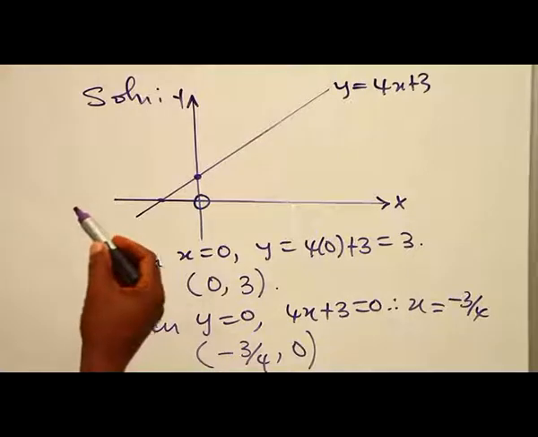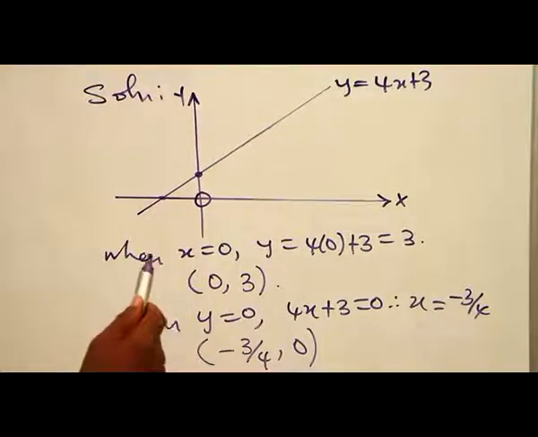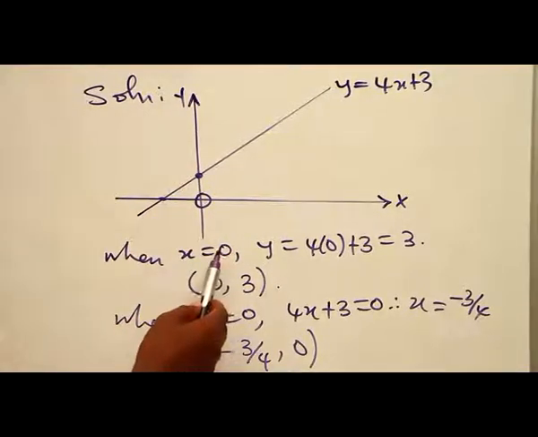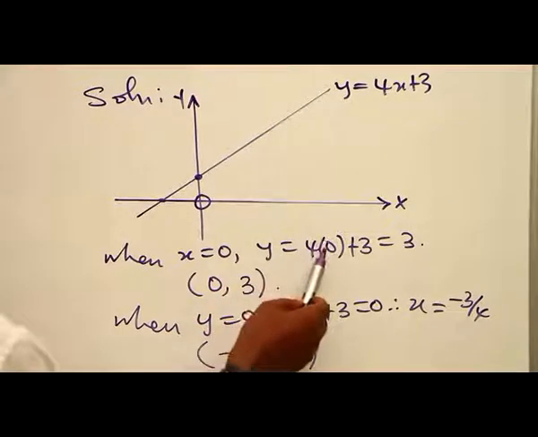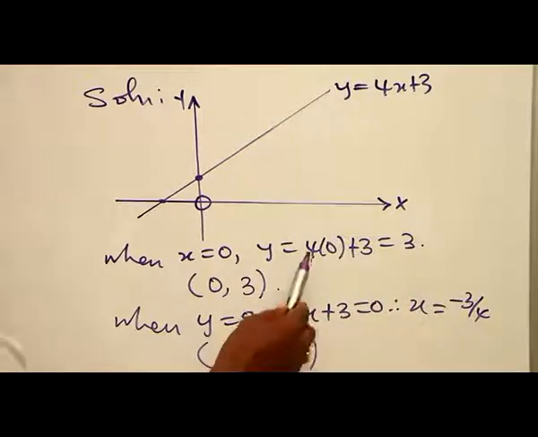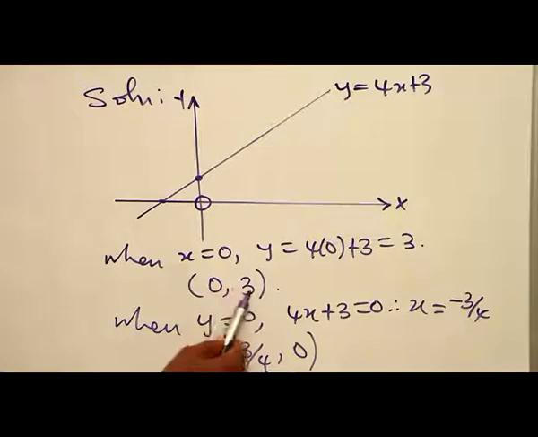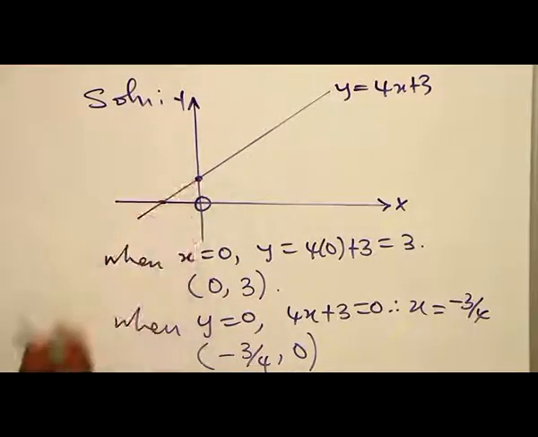Now, we have to look for any 2 points on this line. And we can do that by taking the point x equal to 0. This will give us the point y equal to 4 times 0 plus 3, and eventually you have 3, because 4 times 0 is 0. Therefore, the point (0, 3) is on the line, as indicated by the dot.